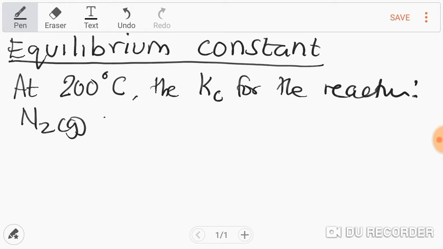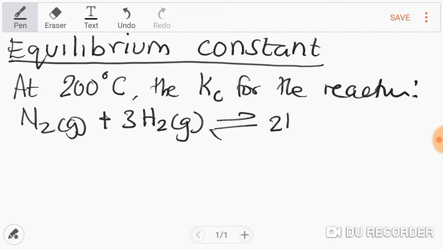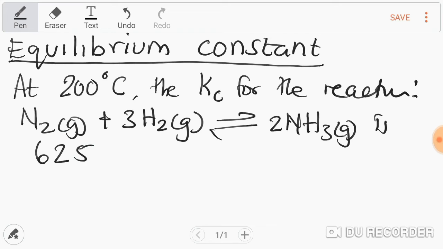N2, which is a gas, plus 3H2 gas again, which form 2 ammonia, is 625, right? So that's the Kc.